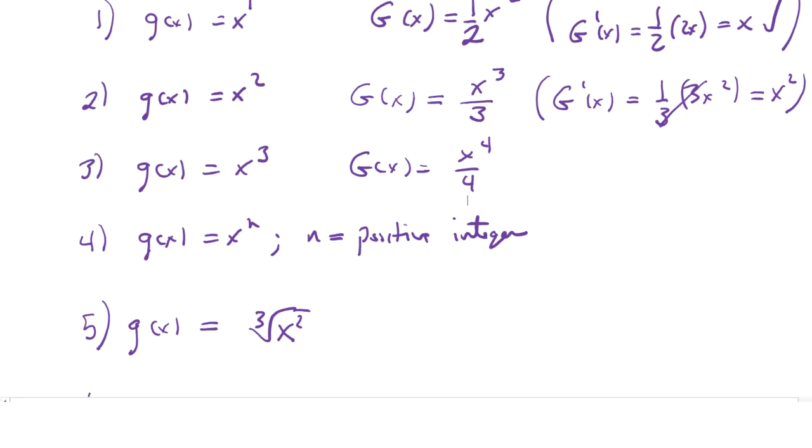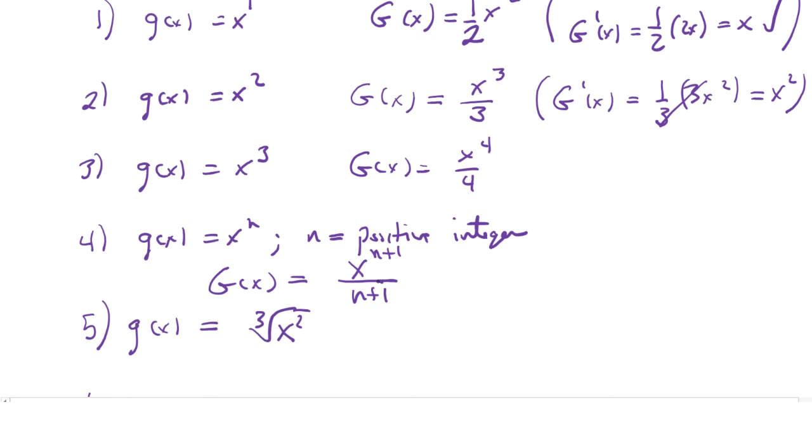And so in problem 4, we might be inclined to write a general formula. We might want to write g of x is equal to, again following the pattern, x to the n plus 1 over n plus 1.